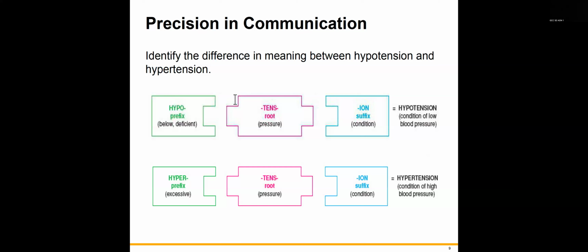Now, by understanding medical terms deeply, you ensure precision in communication and contribute to safer patient care. If you mix these terminologies, what can happen? Incorrect diagnosis, incorrect treatment, and this can actually cause detrimental problems to the healthcare community and also the patient.